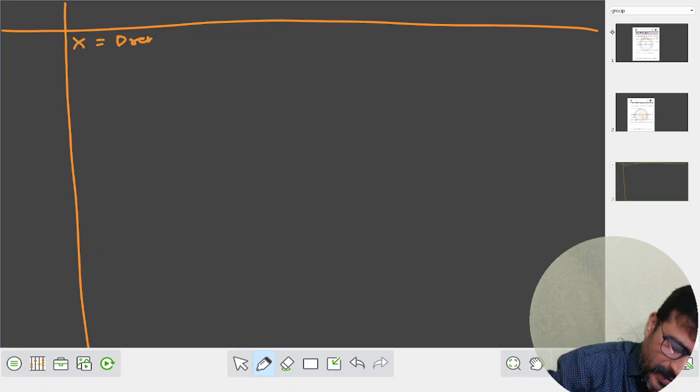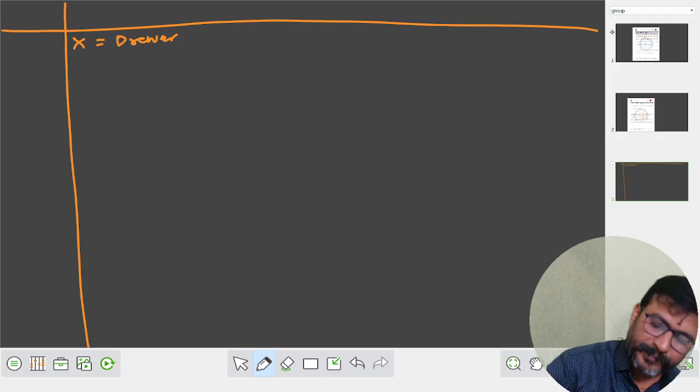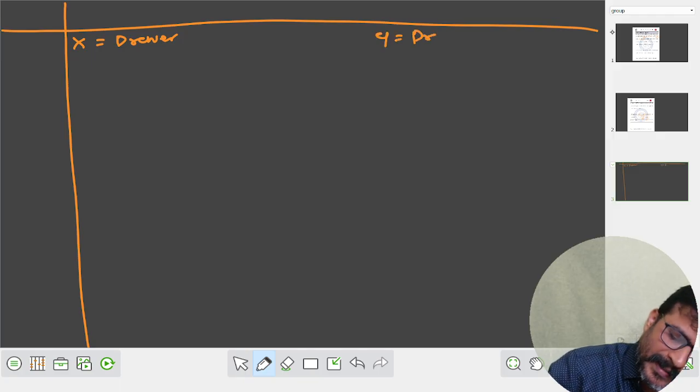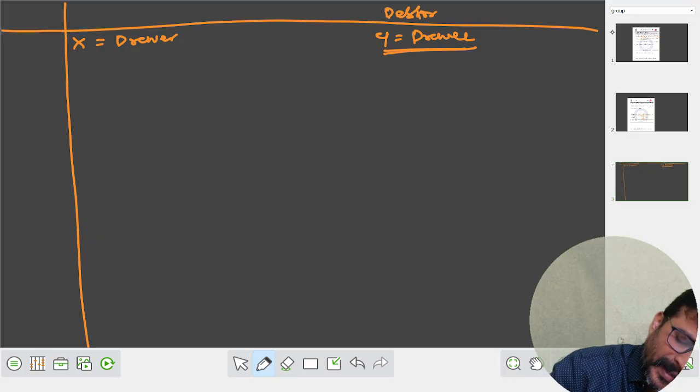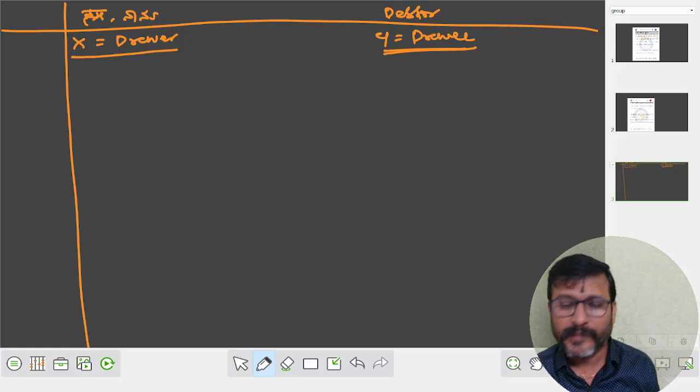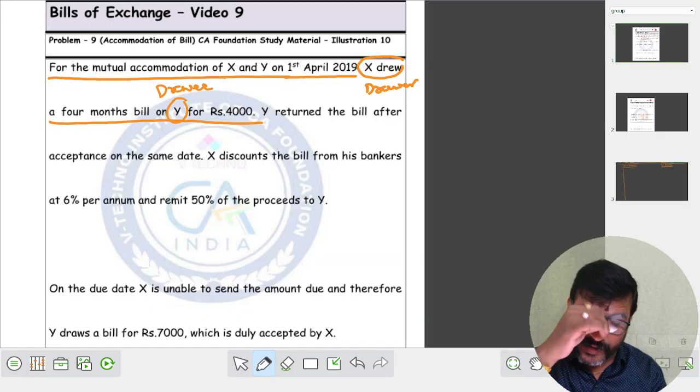X is a drawer. Y is a drawee. Here for the time being, Y is the acceptor, Y is a debtor. Shall we move further?